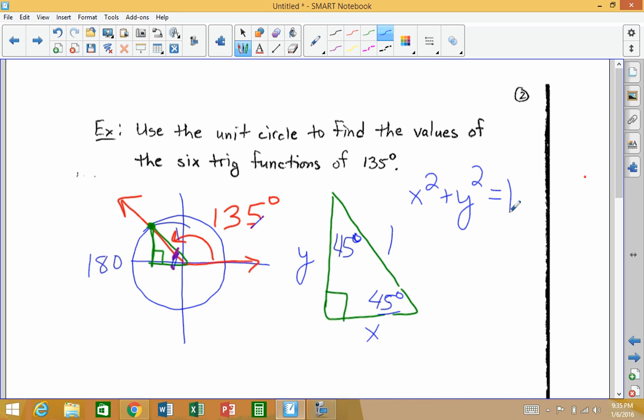Actually, we can do better here, because these are the same. x squared and y squared are the same, so we can say x squared plus x squared equals 1, or 2x squared equals 1, or x squared equals 1/2.